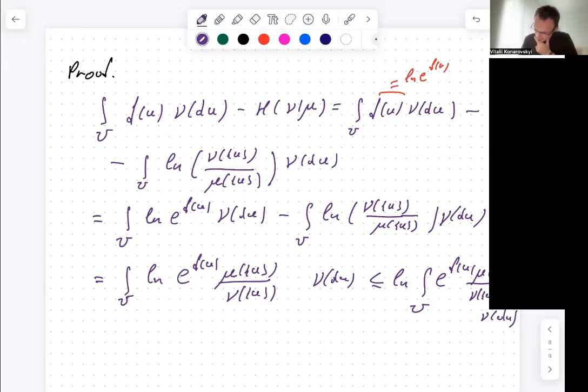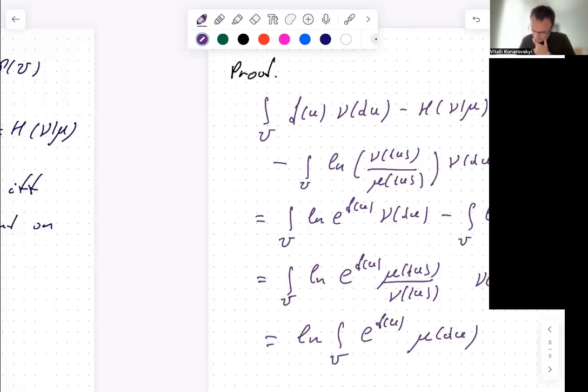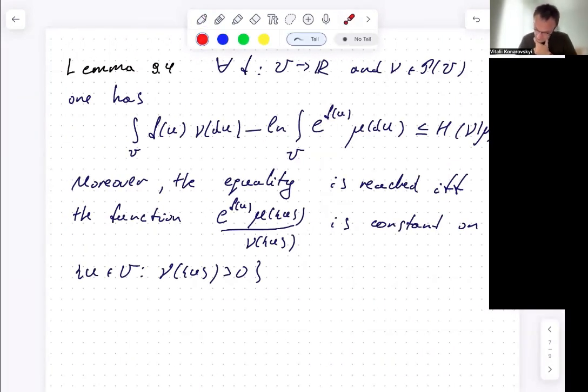And so that and that cancel, and you see the logarithm of the integral over U of e to the power f of u mu du, that actually gives you what you want to see here.